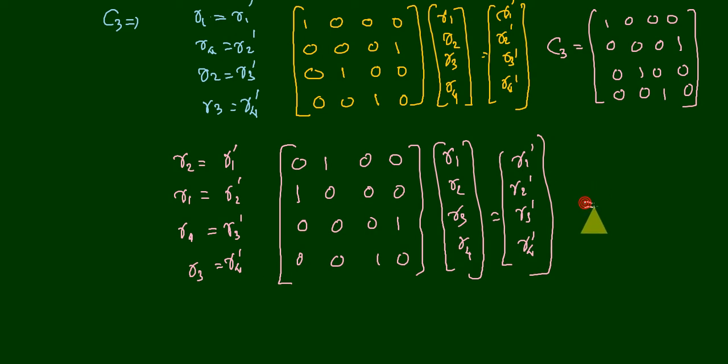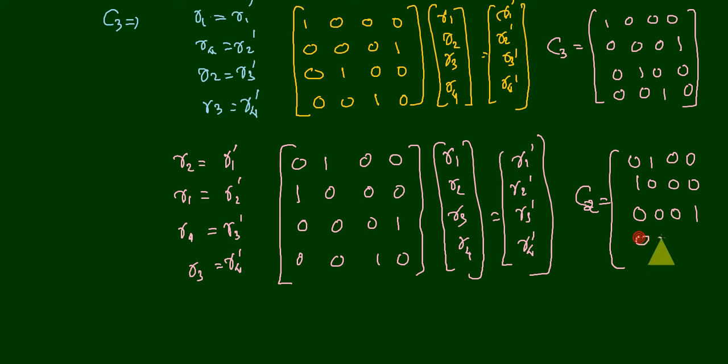So from this one we can say that the matrix corresponding to C2 is 0 1 0 0, 1 0 0 0, 0 0 0 1, then 0 0 1 0. Okay, that is the matrix corresponding to C2.